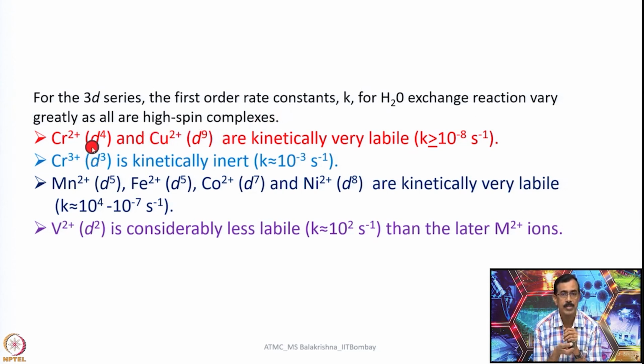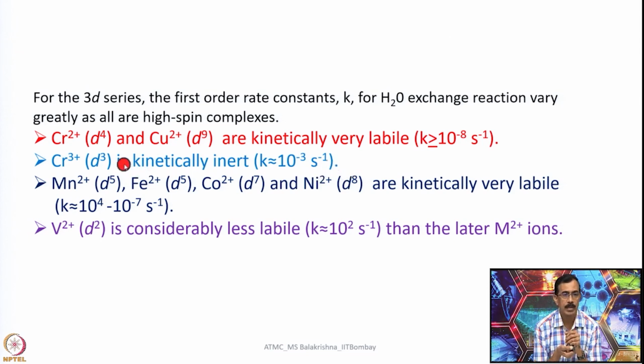For example, if you consider chromium 2 plus and copper 2 plus, they respectively have d4 and d9 electronic configuration and are very labile, and you can see the value that can tell you. And then if you consider chromium 3 plus with d3 electronic configuration, it is kinetically inert. You can see the drop in the rate.